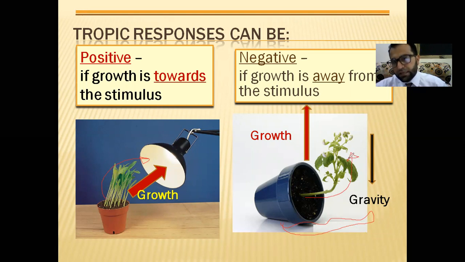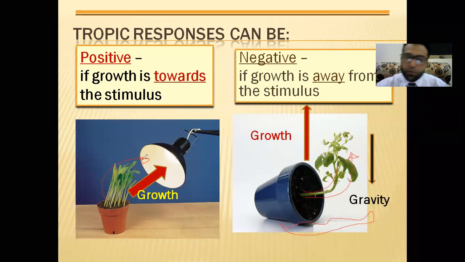So in this case, this shoot is showing negative tropic response with respect to gravity, while with respect to light, that shoot is showing positive tropic response. It's going toward the light, right?